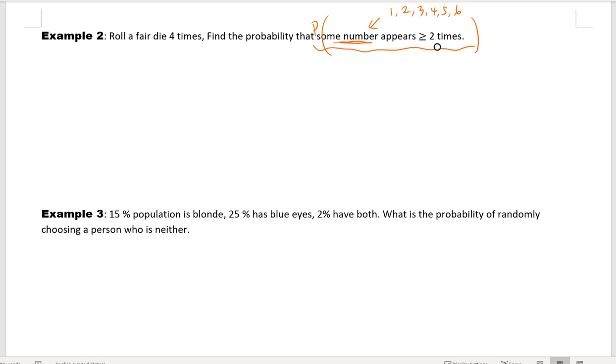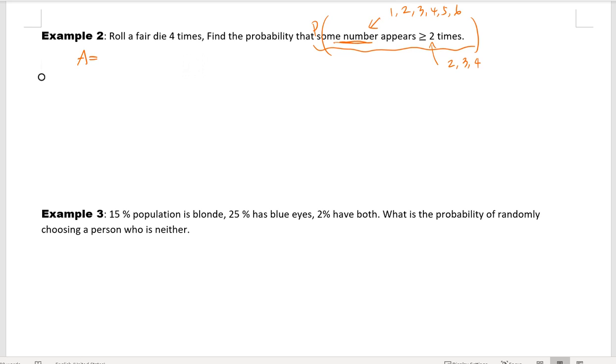And appearing greater or equal to 2 times could be 2 times, 3 times, 4 times. Because we roll the fair die 4 times, it could be at most 4 times. So if you want to compute the probability of this event directly, wow, it has a lot of cases, right? So now let's consider its complement.